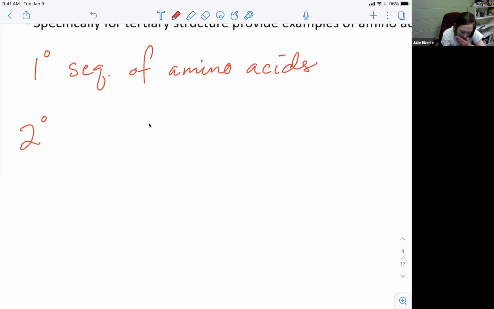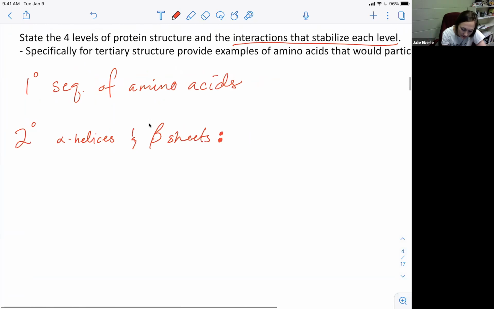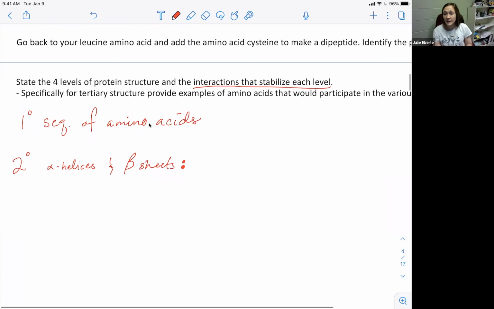Okay, so this is where you'll see what Abby was alluding to, alpha helices and beta sheets. Now how do we get alpha helices and beta sheets? There's different interactions that are holding the sequence of amino acids into these coils or into these sheets.